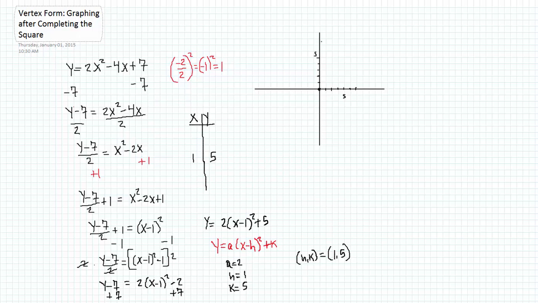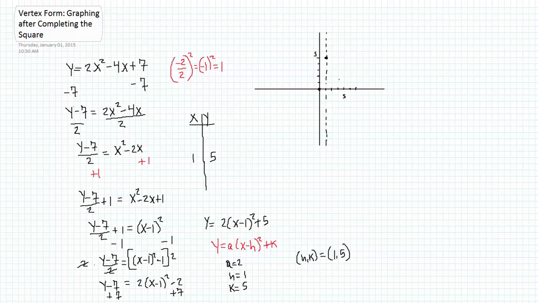So in this case, we're looking at a vertical line through x equals 1. So we know that the vertex lies on the coordinate pair (1, 5). Right, so that's the location of the vertex.